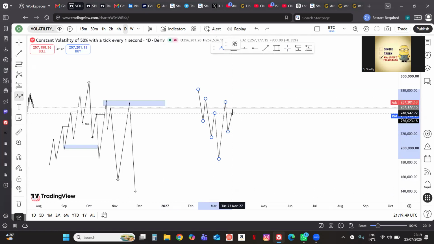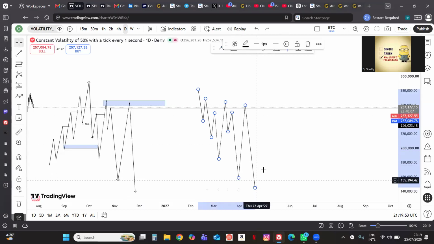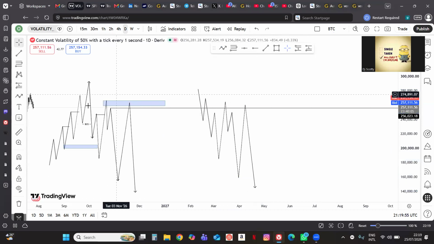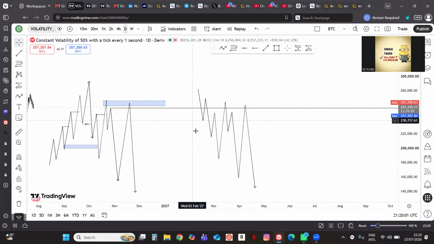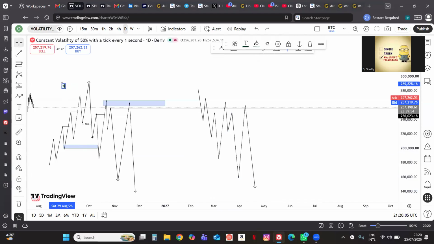We have an inducement here. We have a break of structure, and then we have this. So if you look, this looks exactly like this. But there is something about this that is not fully explained here. Let me call this A. There's something about A that is not fully explained in B, right?